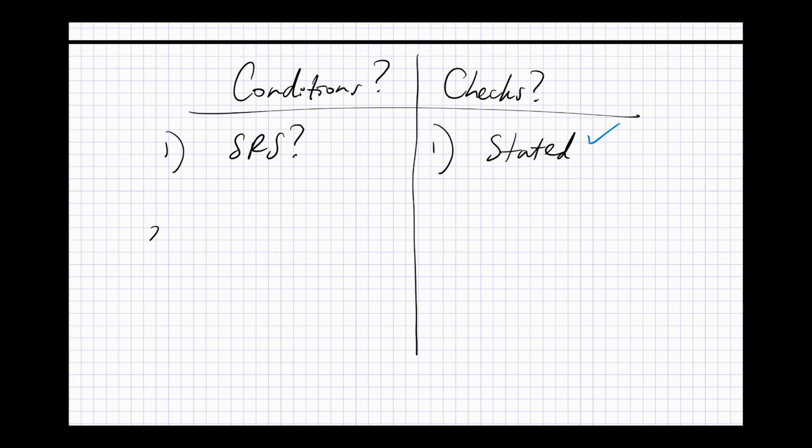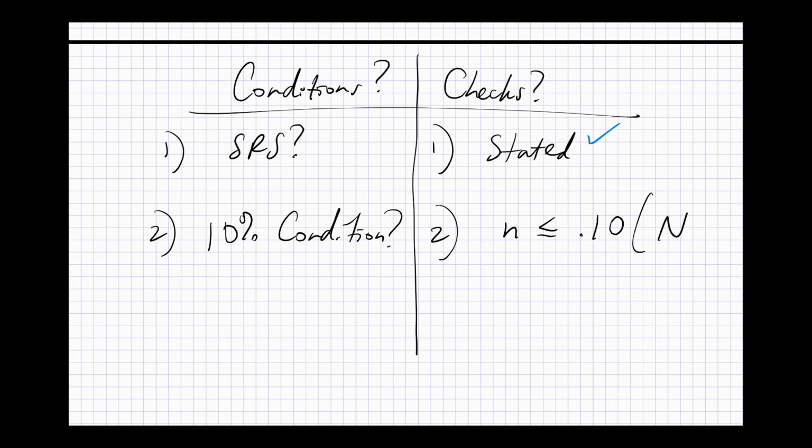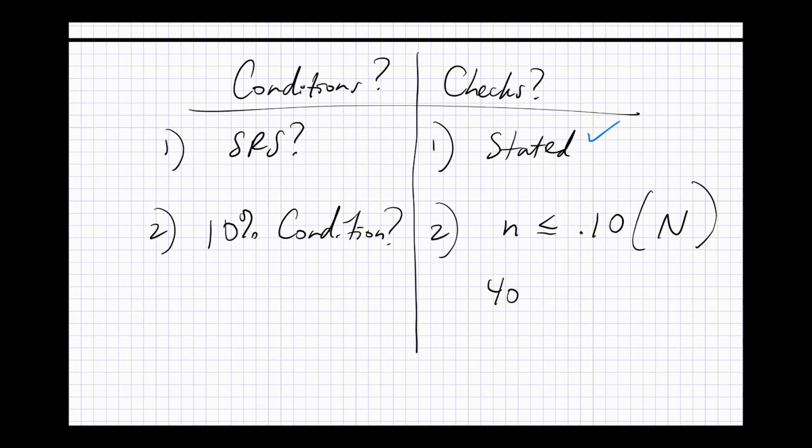Okay, so next one, 10%. So n is less than or equal to 10% of big N. So n is 40, less than 10% of, we know it's going to be at least over 4,000.